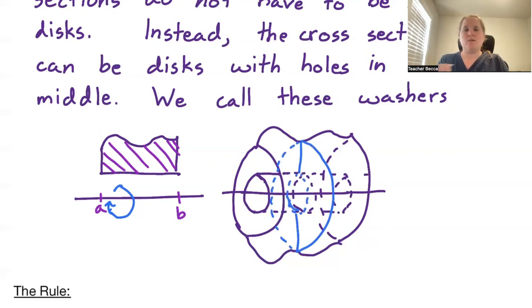So the cross sections look like a flat washer, like what you use with a screw.